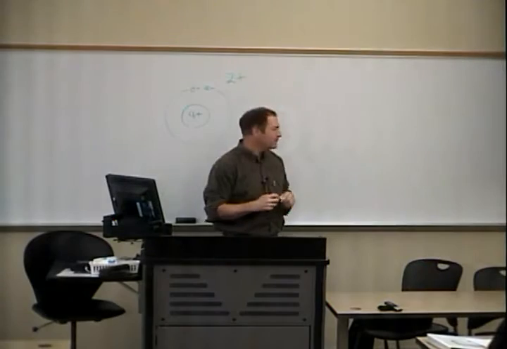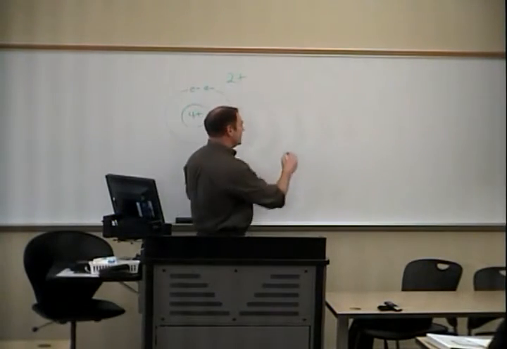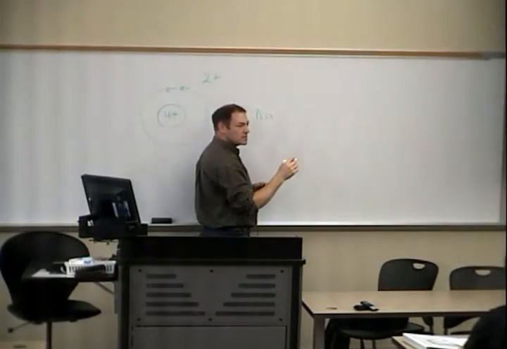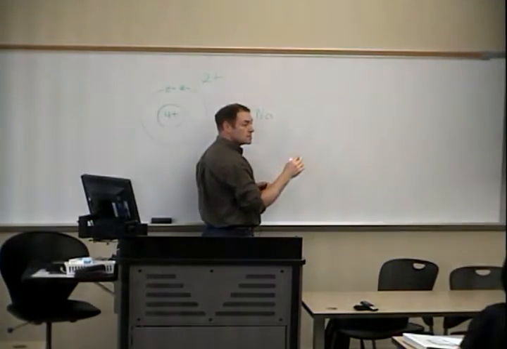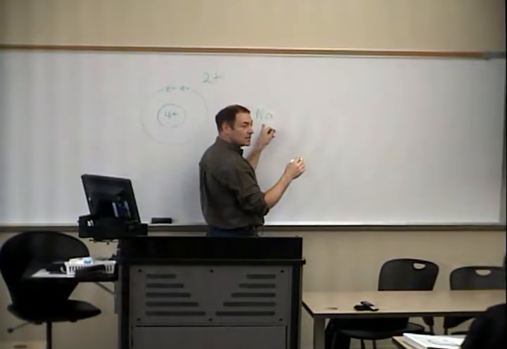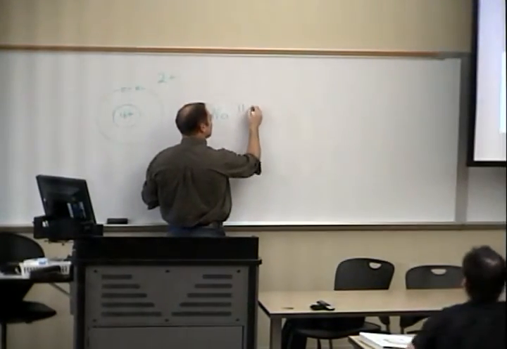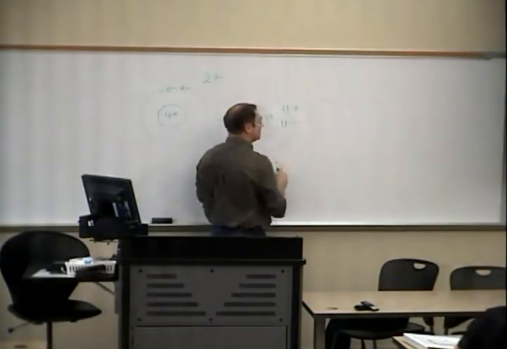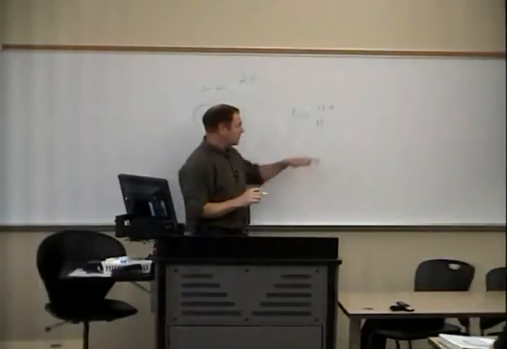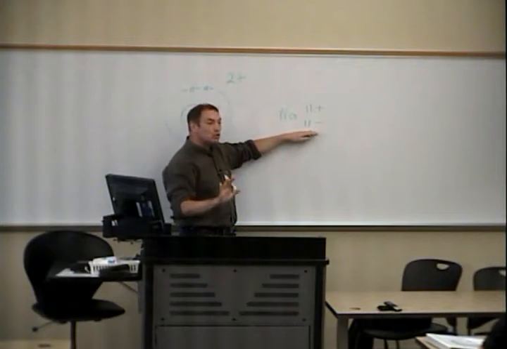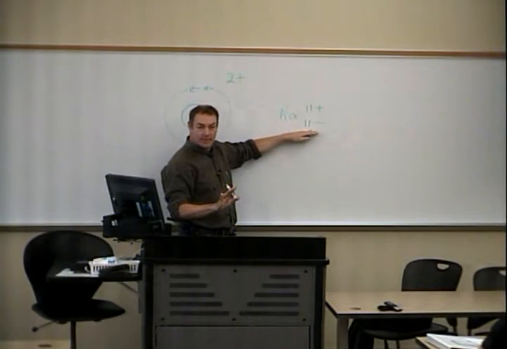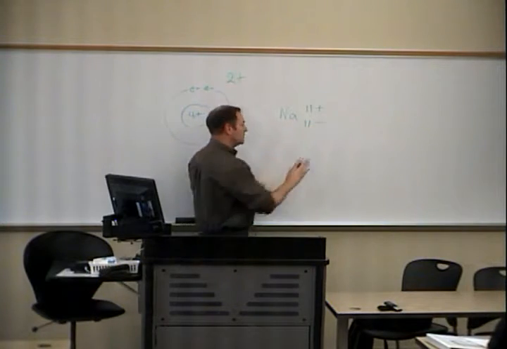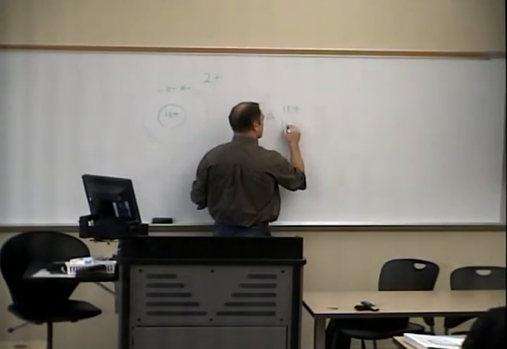So let's look at sodium. It's got an atomic number of 11. So it's got 11 positively charged protons and 11 negatively charged electrons. That gives us a neutral atom. If it loses an electron, then we've only got 10 electrons, 11 protons.